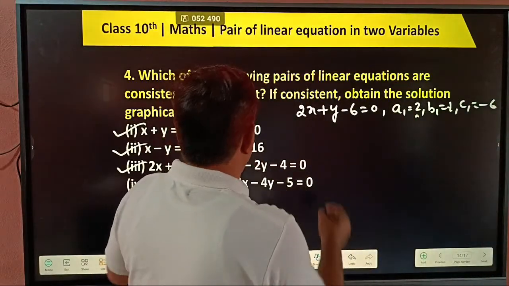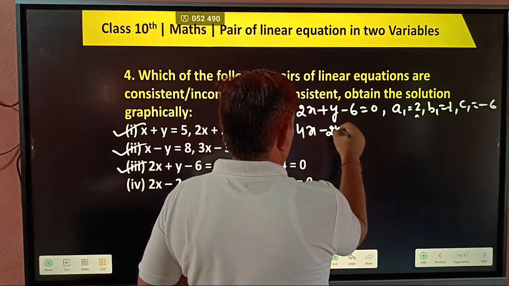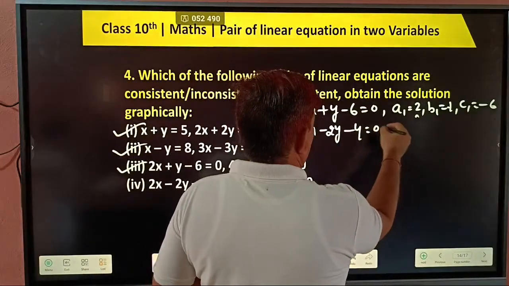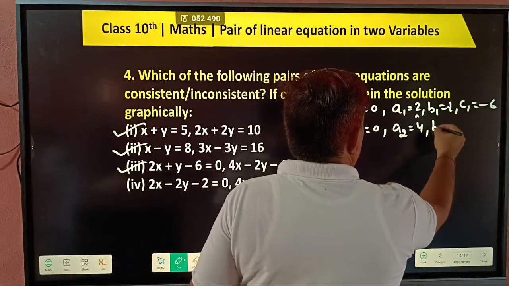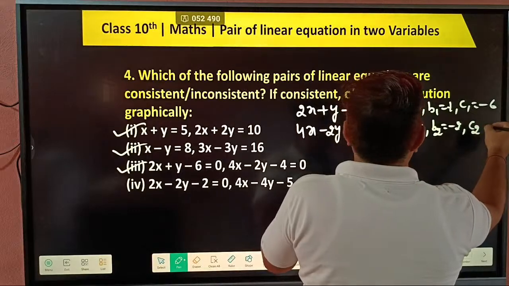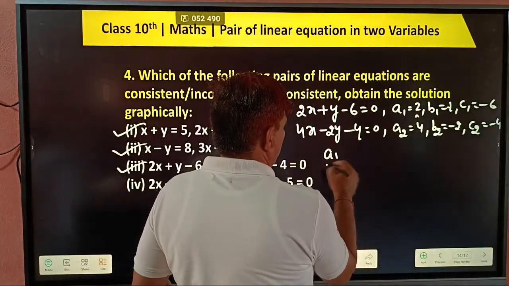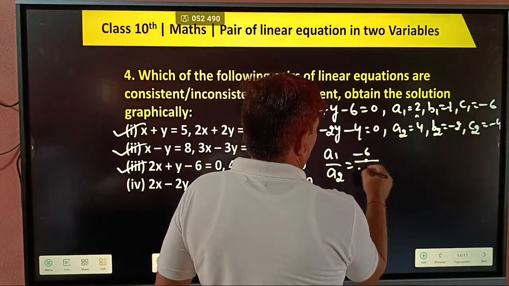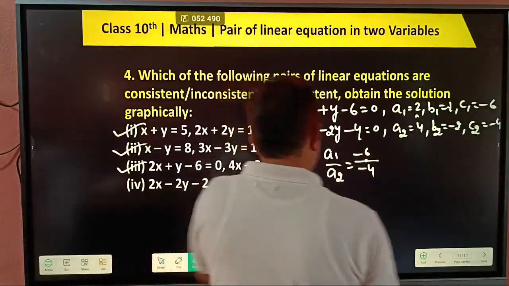Another is 4x minus 2y minus 4 is equal to 0. So a2 is 4, b2 is minus 2, c2 is minus 4. So what's your a1 by a2? Sorry, this was written wrong.